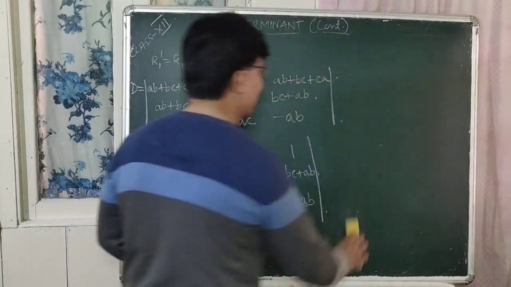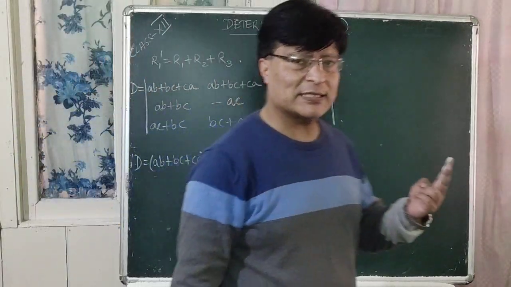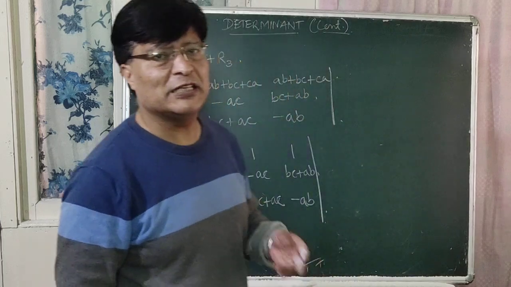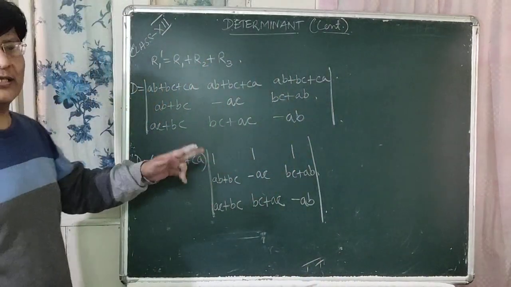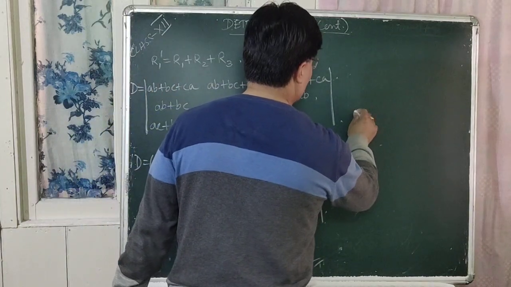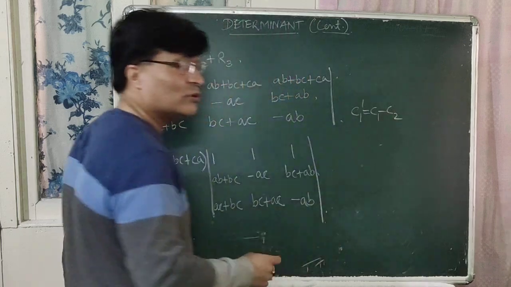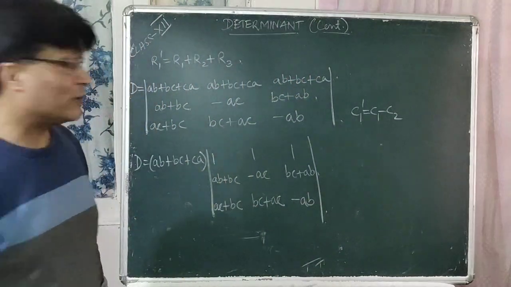I already told you that in a third order determinant, at a time a maximum of 2 properties can be used to make 2 ones 0 out here. Okay? So now let's use this property. C1 dash is equal to C1 minus C2. You may do C2 dash is equal to C2 minus C1, right?